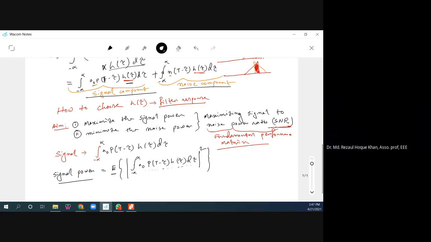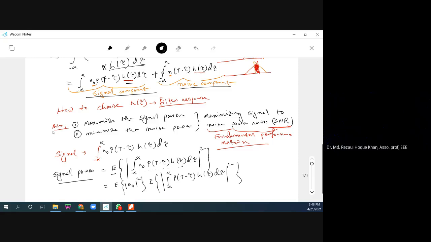Okay, if this is the signal power, then we can write, we are just separating the terms, the expected value of the data term, and expected value of the integral from minus infinity to plus infinity of p(t minus tau) h(tau) d tau, squared.